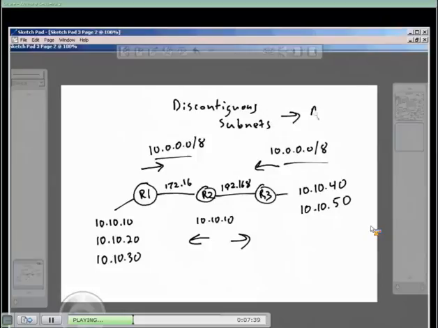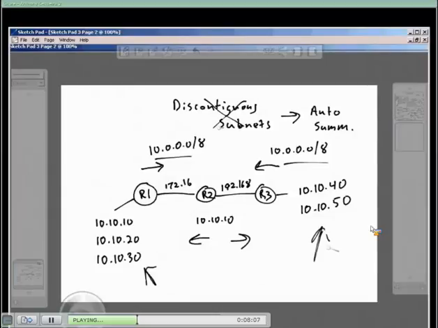And of course, we have it compounded by the fact that we're doing automatic summarization in the protocol. So we have discontiguous subnets here, and we're automatically summarizing those discontiguous subnets, and we got a problem. So solutions to this particular issue revolve around, well, don't do the discontiguous subnets in your design.